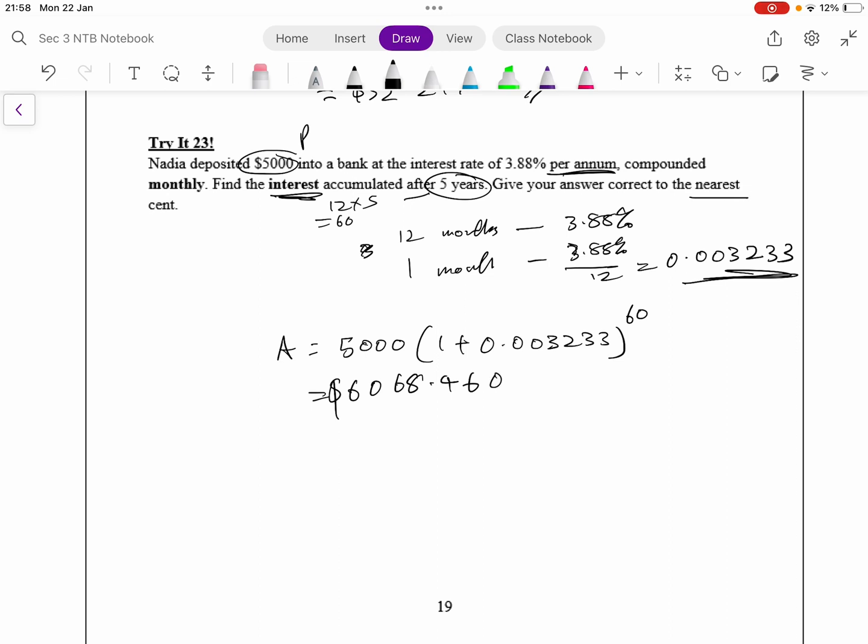So this will be the nearest cent, right? Because money is always to 2 decimal places. So from here we want to find interest accumulated. So I equals 6,068.46 minus your initial amount, 5,000, which is 1,068.46. Okay, so this will be your answer.